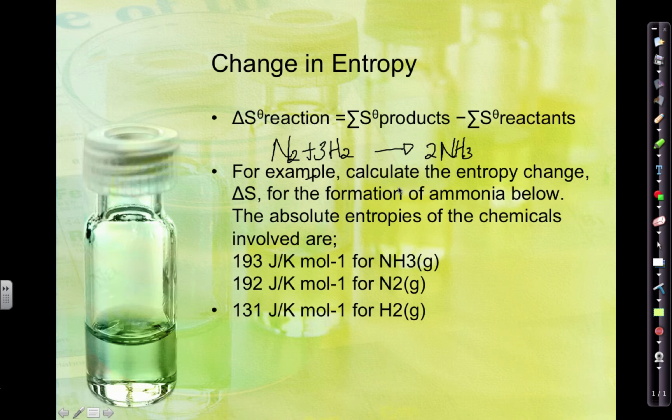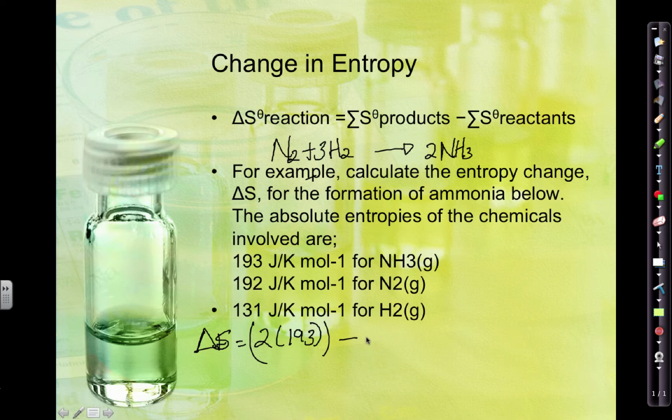All right, so I'm going to calculate it by getting the sum of the products and the sum of the reactants. So when I look at ammonia, I've got 2 moles of that, and my delta S is 193. All right, so products minus my reactants, so N2.